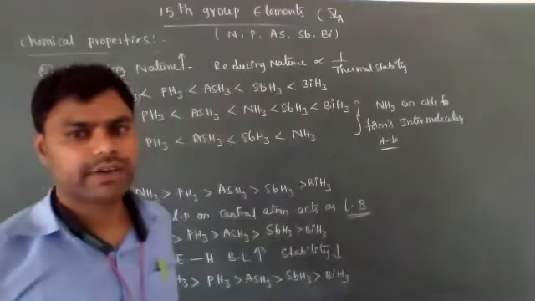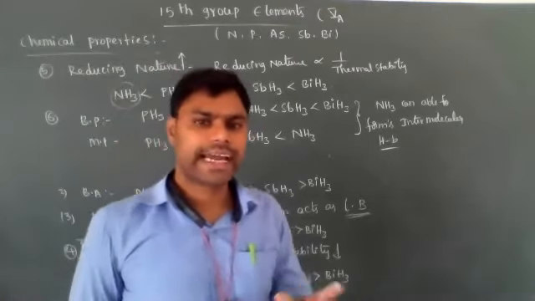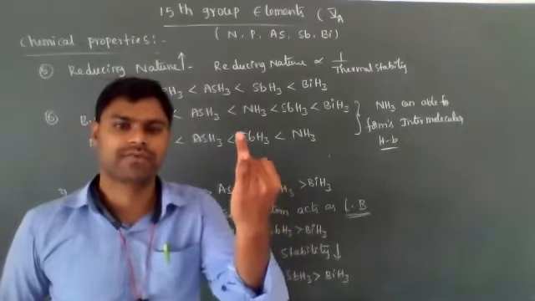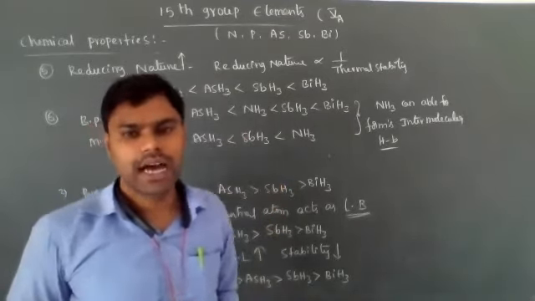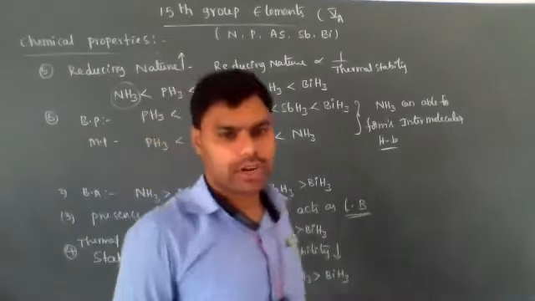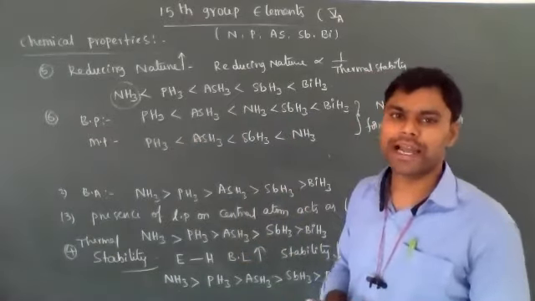Okay. What is intermolecular hydrogen bonding? The attractive forces between a hydrogen atom and more electronegative atoms like oxygen, fluorine, and nitrogen. Then they form intermolecular hydrogen bonding. So, due to the presence of intermolecular hydrogen bonding, any molecules abnormally have more melting and boiling points.